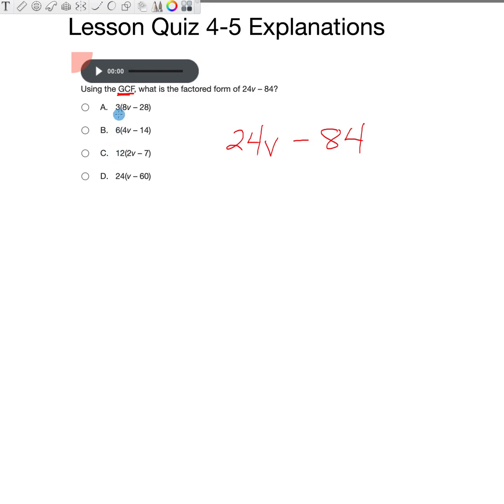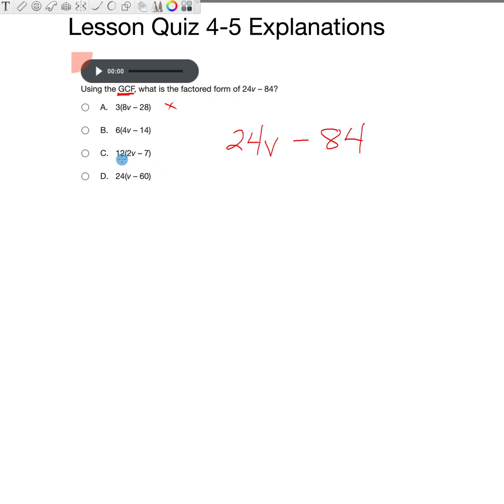Both of these numbers are divisible by 6, so 6 works, but we need to confirm, is it the greatest common factor? And then go on to 12.